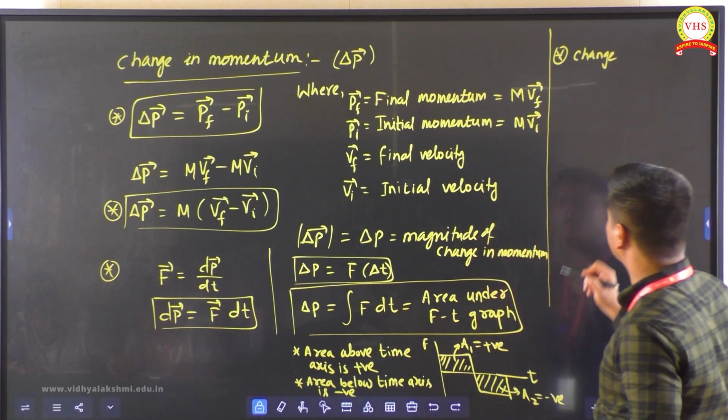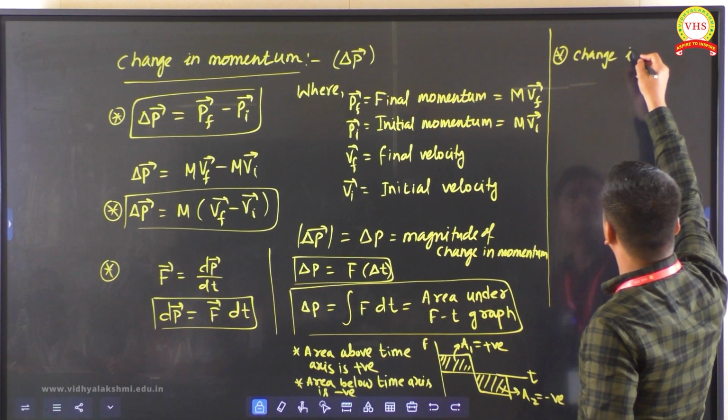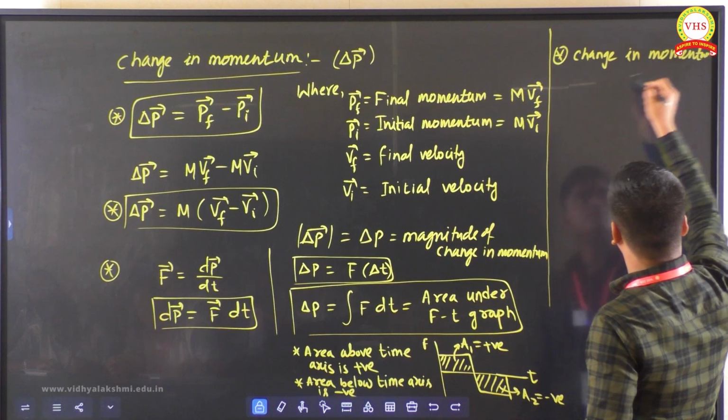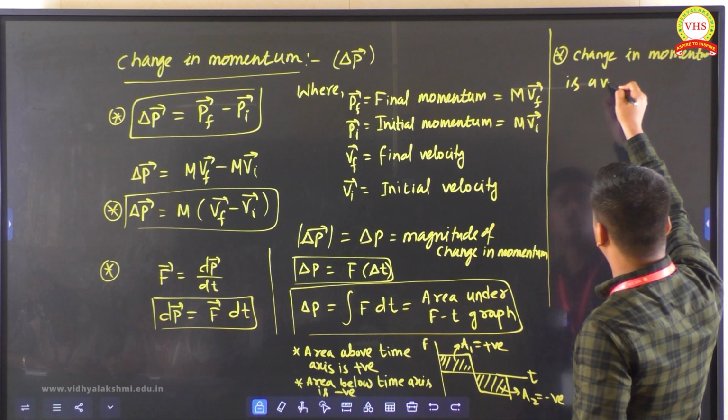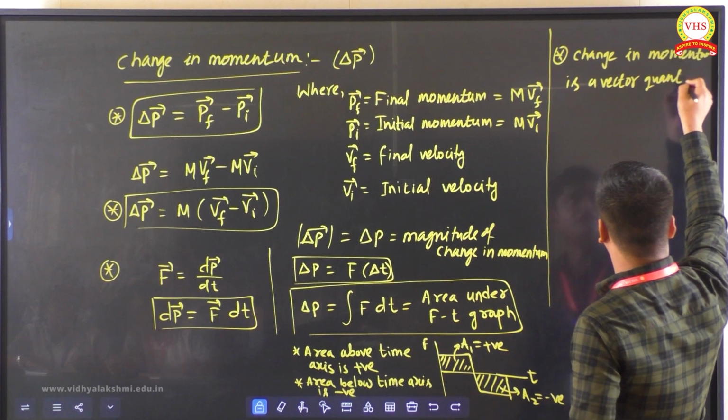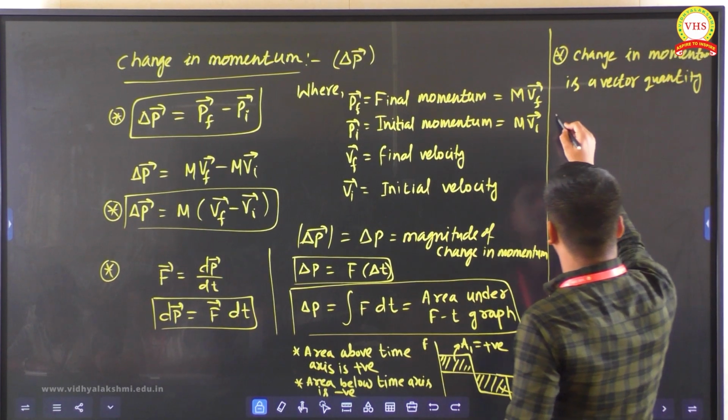If momentum is a vector, change in momentum is also a vector quantity. And what will be the SI unit?